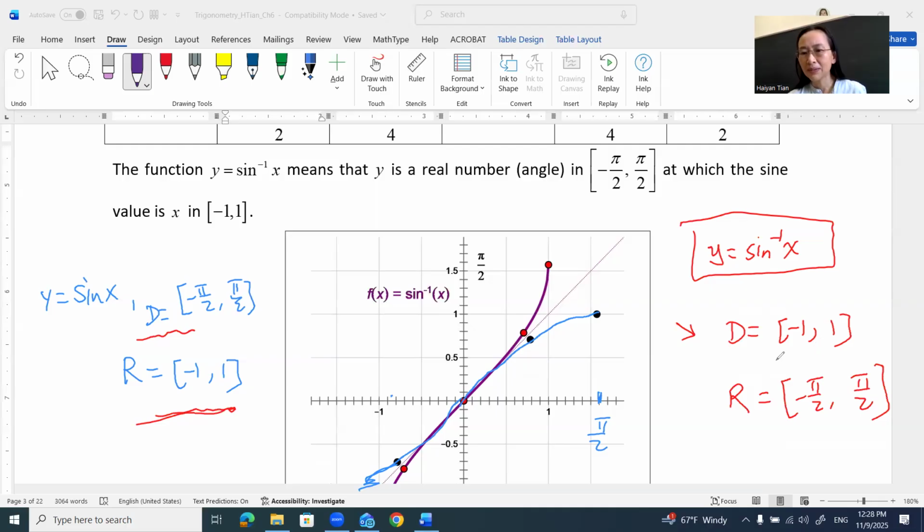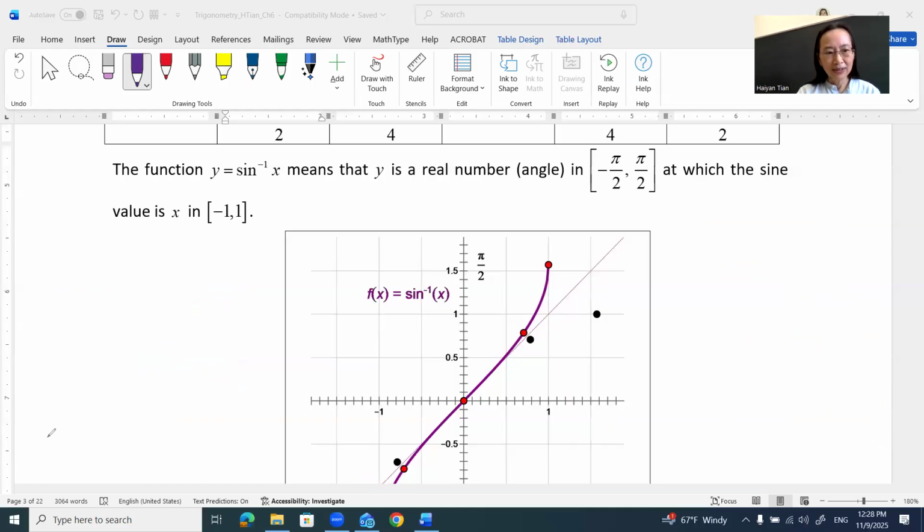So your input value can be this, but your output value will be this value, which you can also interpret as some angle in radian measure. So you are looking for that angle in radian measure whose sine value is the given value.